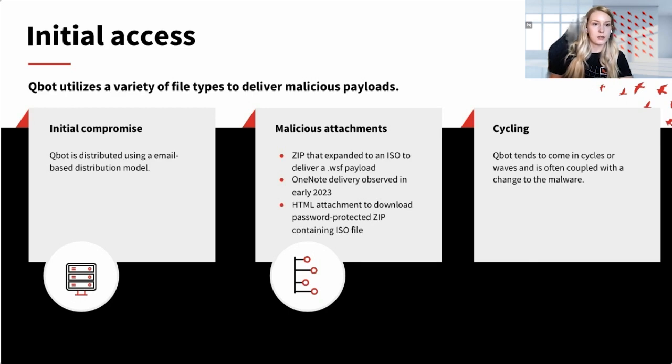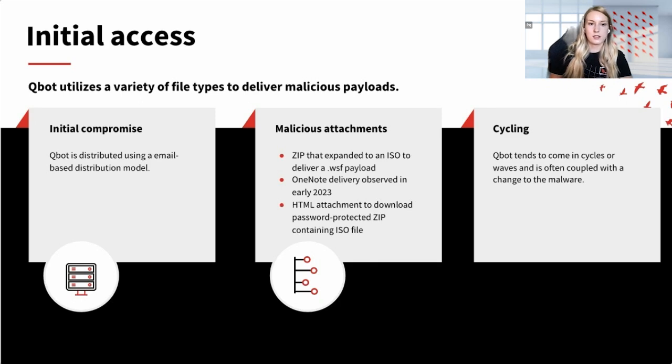We've seen OneNote delivery observed in early 2023. The HTML attachments to download a password protected zip containing an ISO, that was later in 22. Lately, well, I'd say lately, about when Qbot was last active in about May, we were seeing a lot of zip files that expanded to WSF Windows script file payloads.